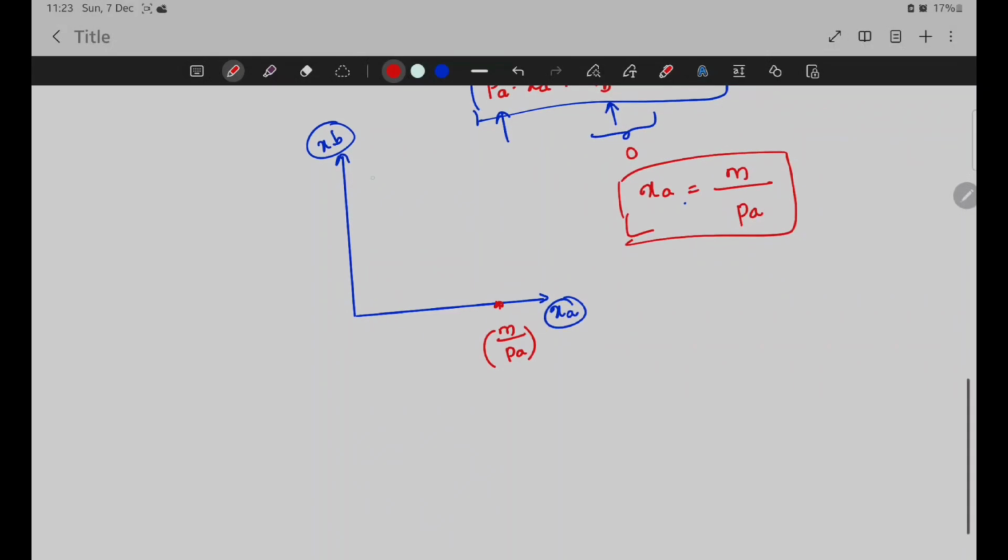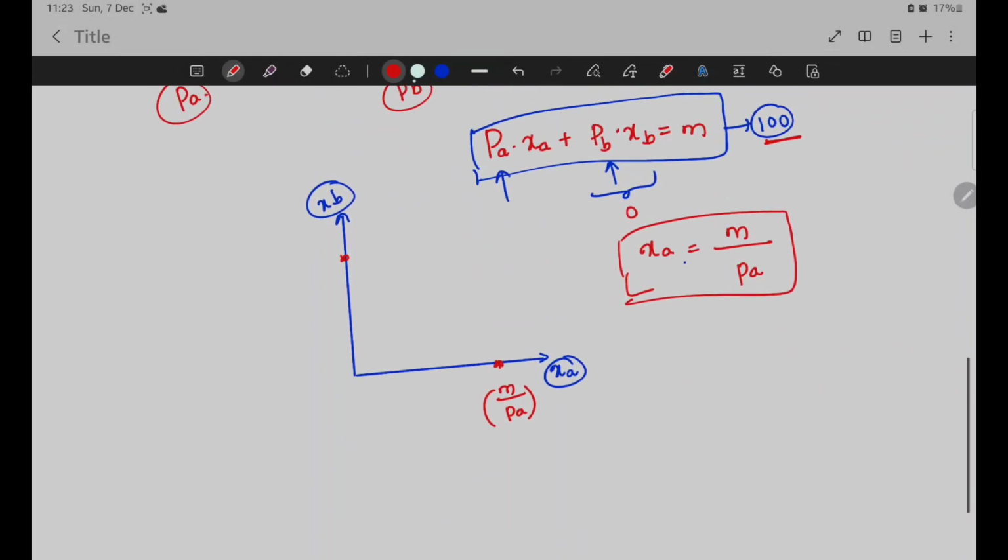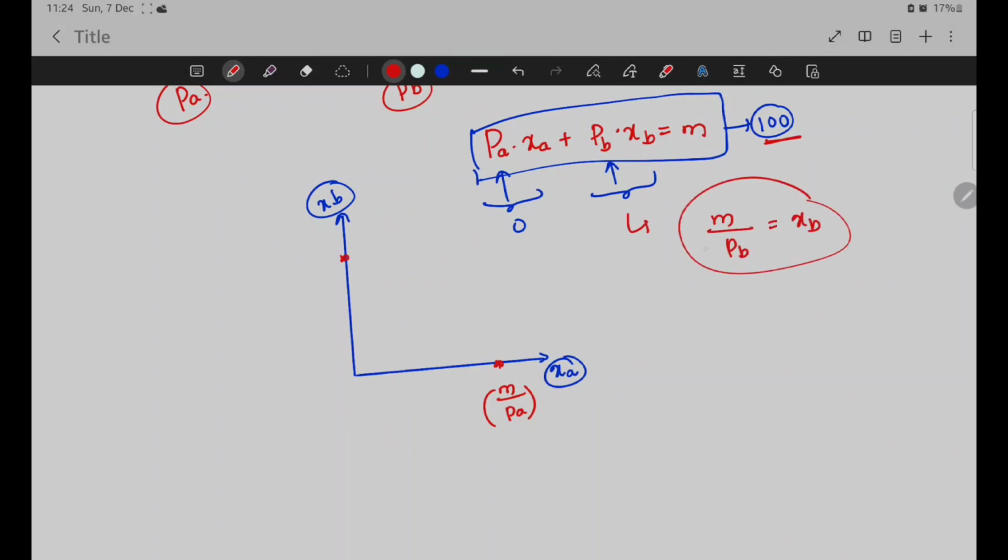So here you are getting the point m by pa, as apples. Similarly, if you talk about the same budget constraint, and you are putting this one as 0, for this one you will be getting m by pb equals xb, right? So we'll take this here, m by pb.